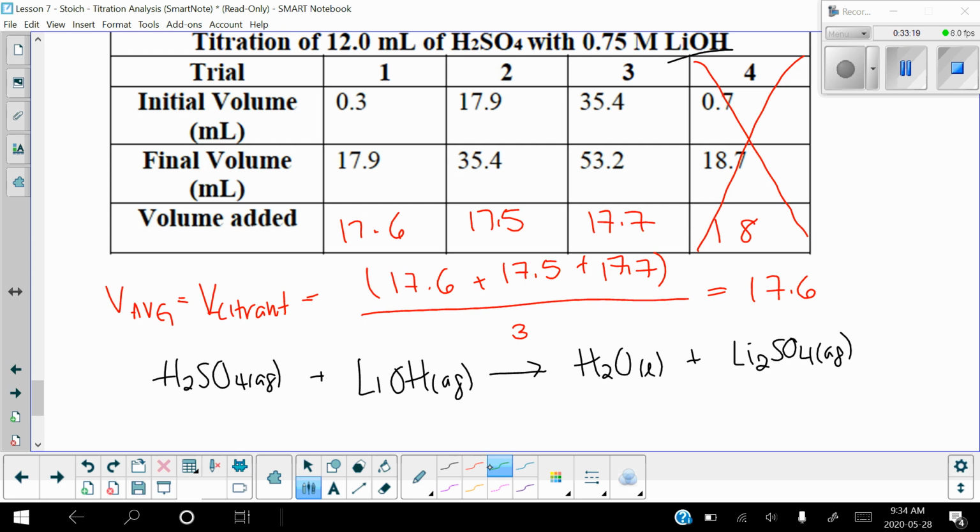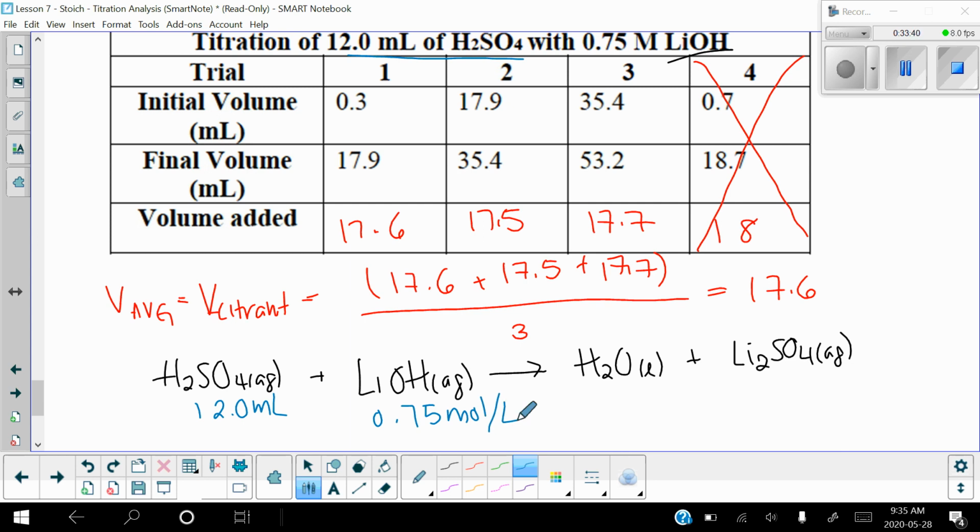Okay, let's list some information. I have 12 milliliters of H2SO4, and I have a known concentration of 7.5 moles per liter of lithium hydroxide.